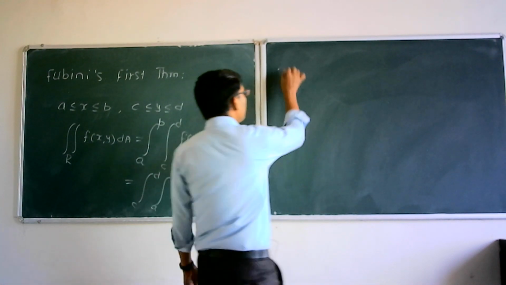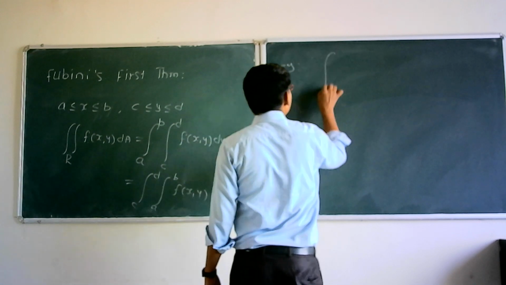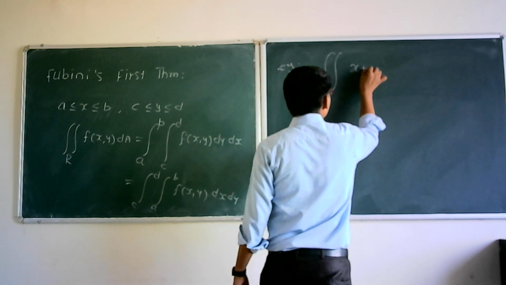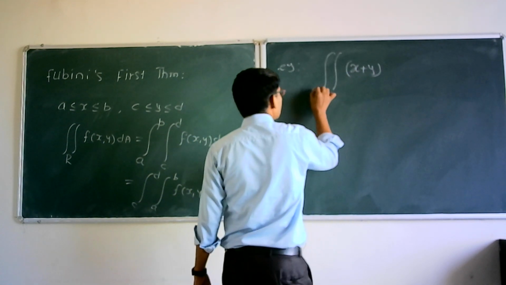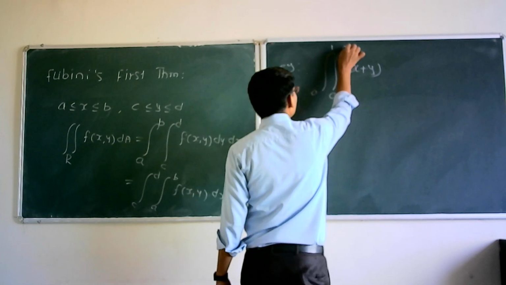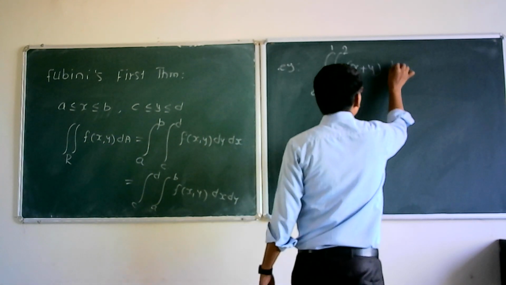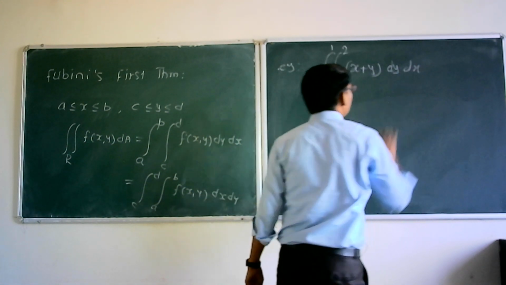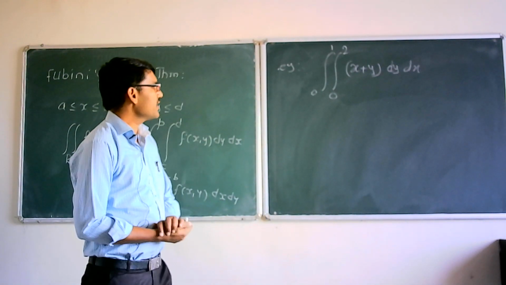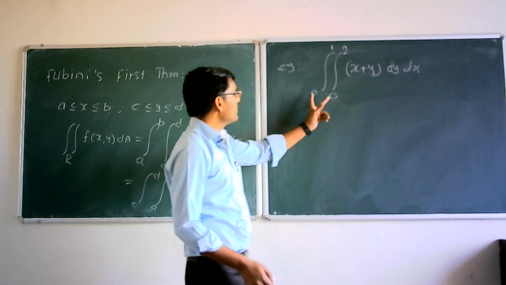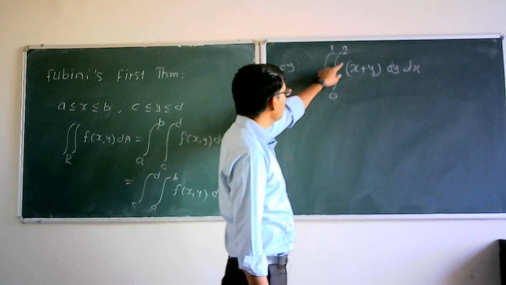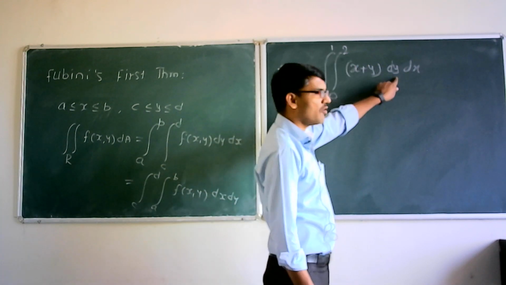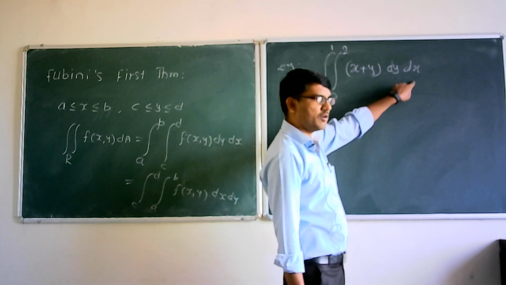For example, suppose you want to evaluate the double integration of x + y from 0 to 1, 0 to 2, dy dx. If you observe, the limits are constant: 0 to 2 is the limit of y, and 0 to 1 is the limit of x.